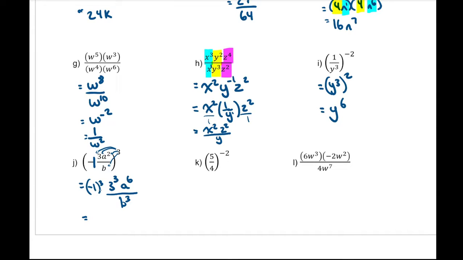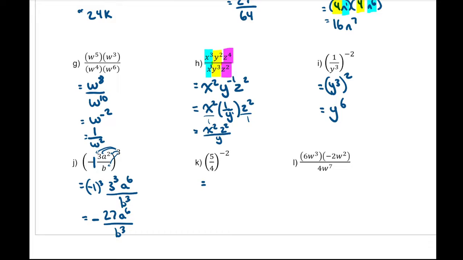Negative 1 to the power of 3 is just negative 1, so there's a negative out front. 3 to the power of 3 is 27. a to the 6 is already done, and divided by b to the 3 is also already done. I can't subtract these exponents because the bases aren't the same. So again, remember the base of your exponent must be the same in order for the power rules to work.